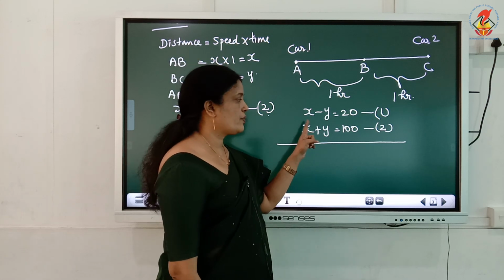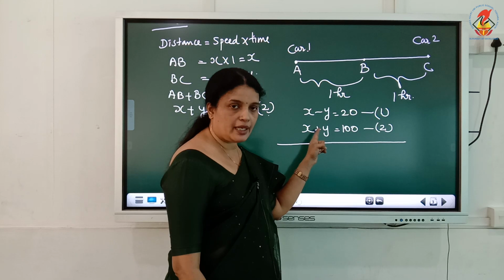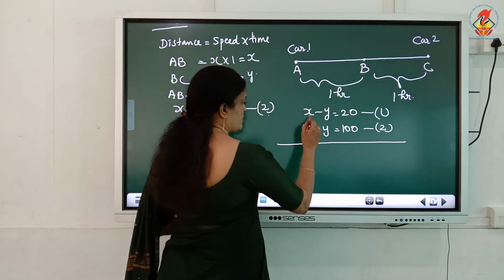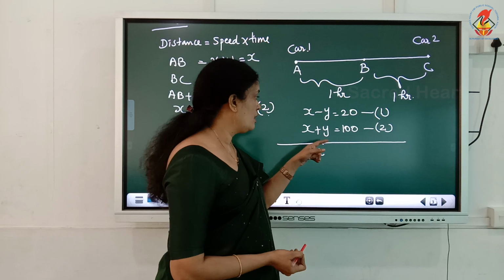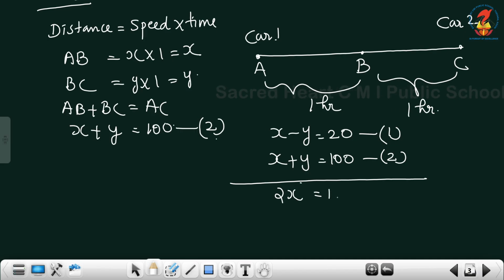Here, first equation and second equation you add it, you will eliminate y variable. x plus x, 2x, minus y plus y, add these two variable parts, you can eliminate, that means 0. Okay, 20 plus 100, 120, x is equal to 60.